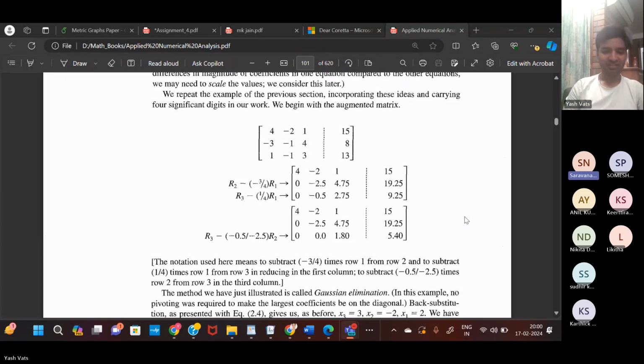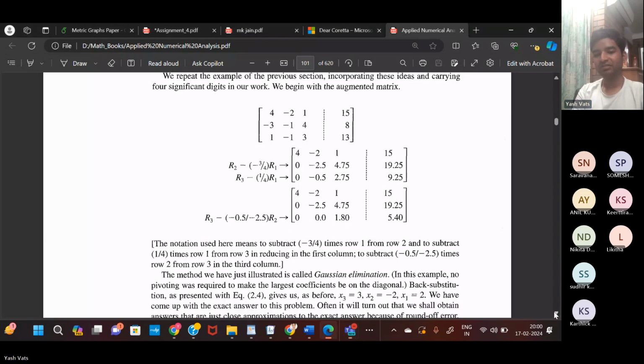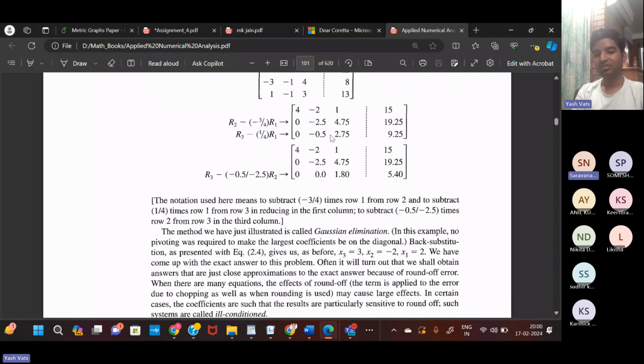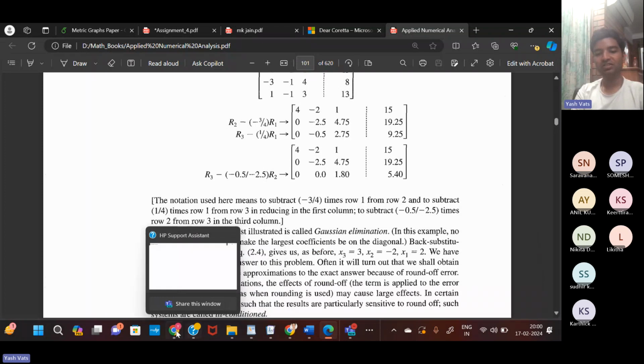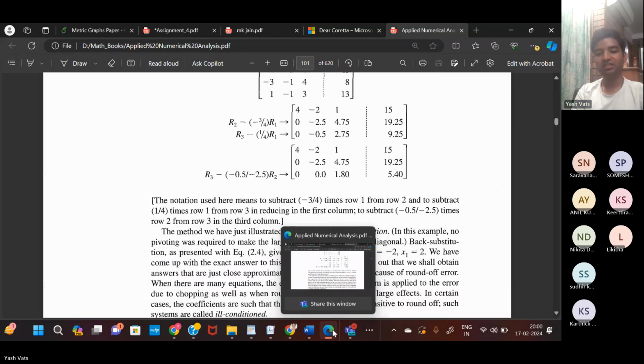You have to make the matrix diagonally dominant for this. Whatever, this is just an easy question.